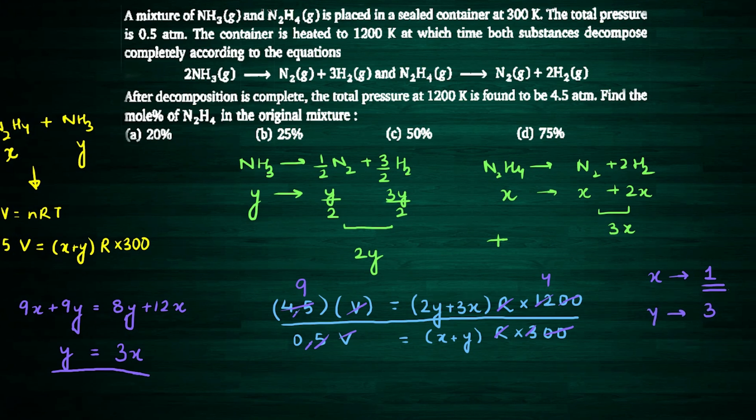So the fraction of the number of moles of N2H4 would be 1 divided by 1 plus 3, that is 1 by 4. And if converted into percentage, this would be 25%. So basically, 25% of the original mixture was N2H4, and so our answer becomes option B.